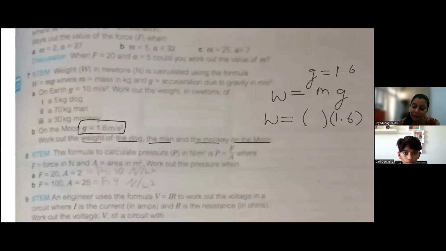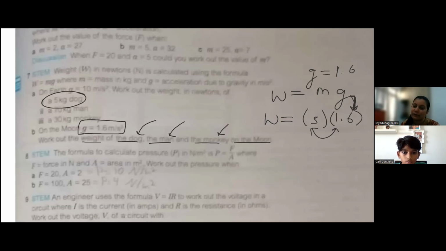And they are saying we have to find the weight of the same dog, man and monkey. So first, if you want to find the weight of the dog, it will be 5 multiplied by, now in this case, the value of g has changed. g earlier was 10 meter per second square. Now it is 1.6 meter per second square. Getting what is the difference?